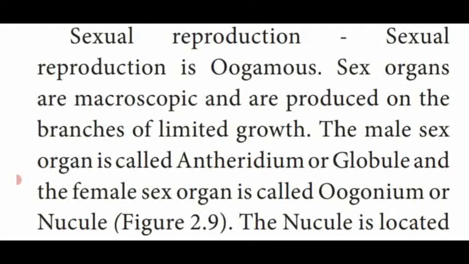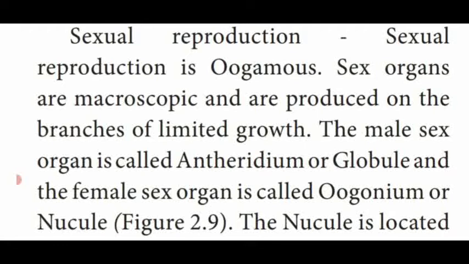We have already seen that the node contains three types of appendages: branches of limited growth, branches of unlimited growth, and stipuloids. So these sex organs are produced in the branches of limited growth.